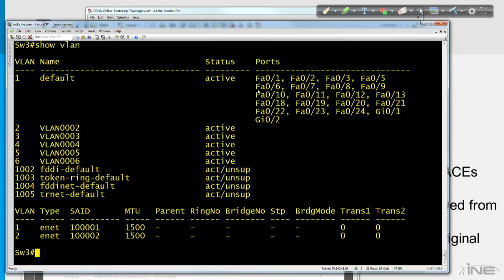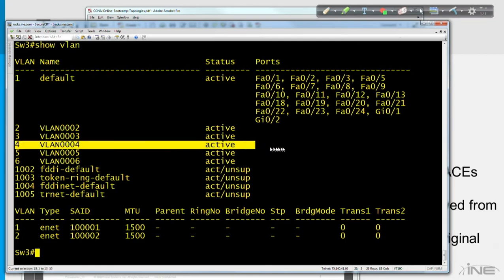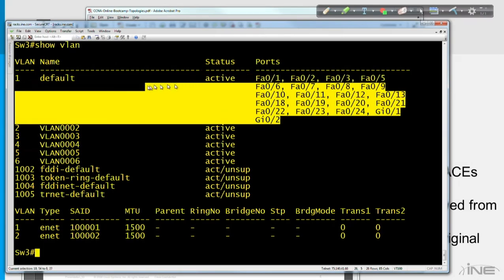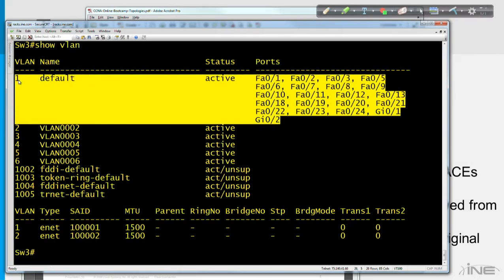I think I do see a problem. Notice on switch 3, VLAN 4 exists, but shouldn't there be a port right here? Remember, when a port is an access port in a particular VLAN, it should show up on the right. Like all these ports right now are access ports, switch port mode access, and they're all in VLAN 1.